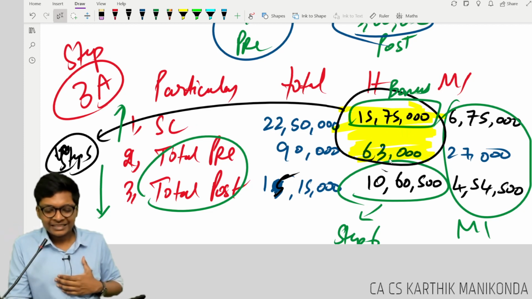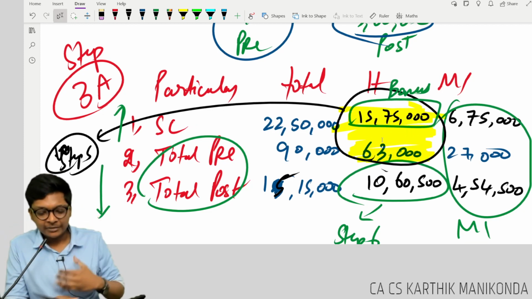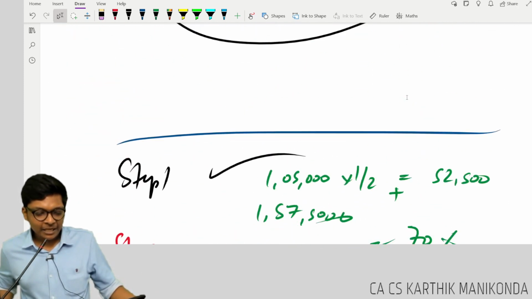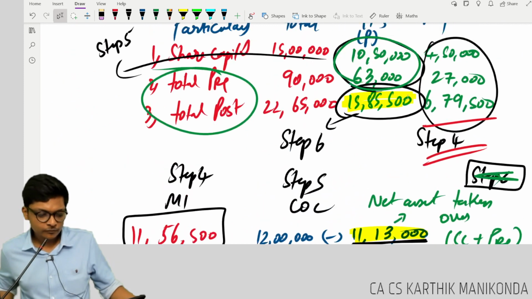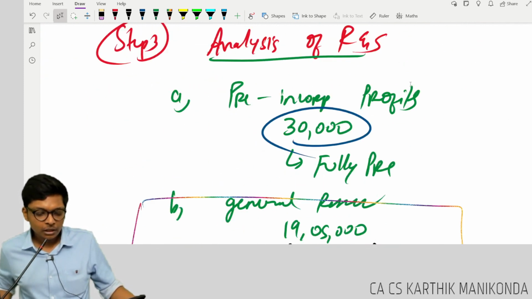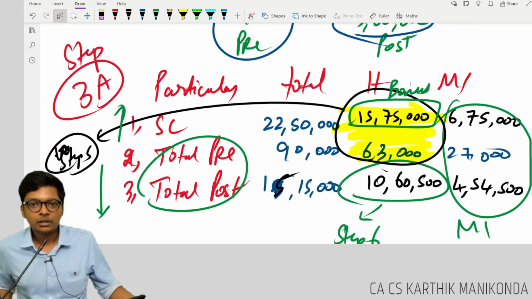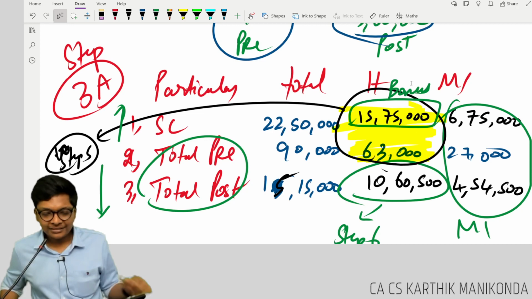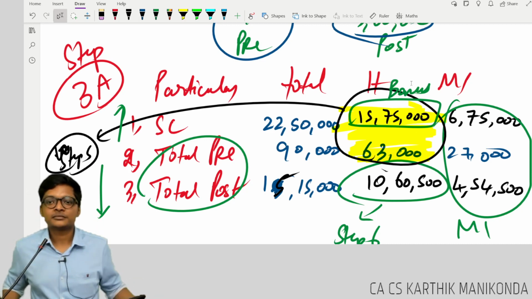Pre, no problem, guys. 63 remains the same. Share capital only is changing. Earlier share capital was 10 lakh 50 on the date of acquisition. Now share capital has become 15 lakh 75,000. And this is after I acquired. Correct?